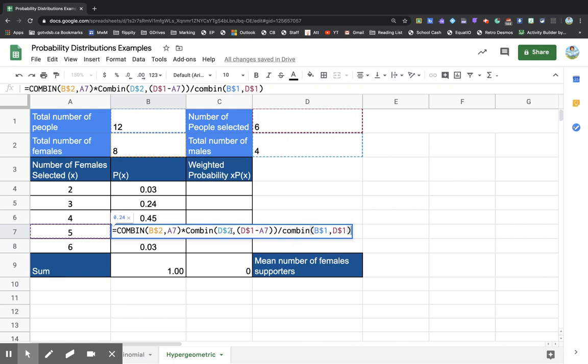D2 was the total number of males, which was 4. Choose, then I did a subtraction: total number of people, 6, minus the 5 females. So that meant there was 1 male that we were selecting. So that combinatorics was 4, choose 1. Again, divided by the total, B1, the number of total people, so 12, choose D1, the number of people selected, 6. So that just goes over again what that function is.